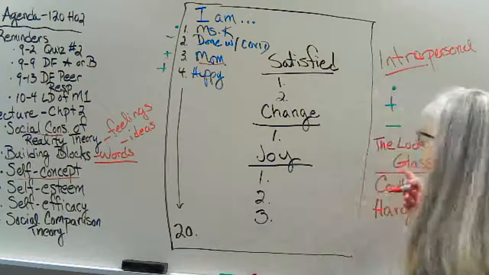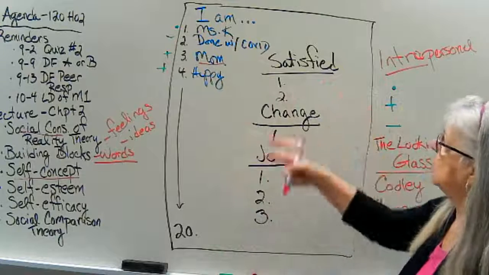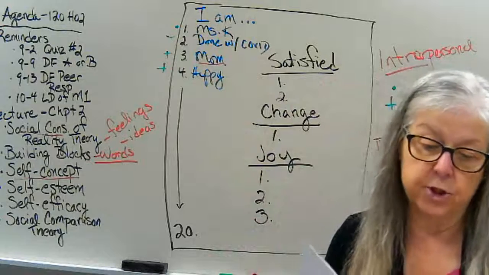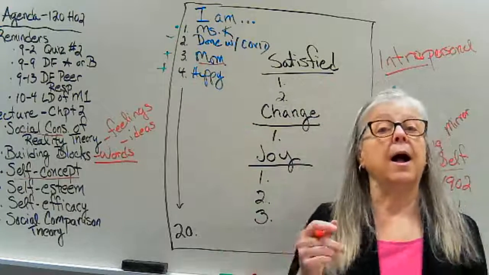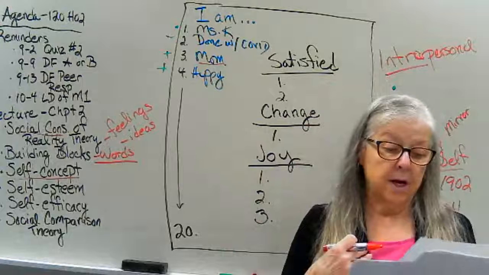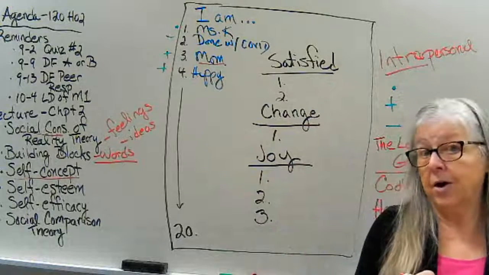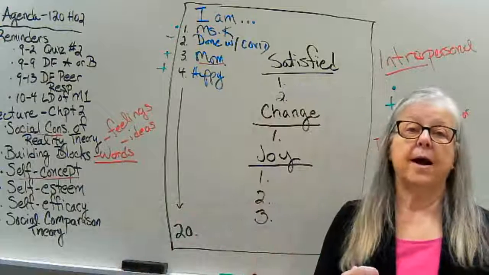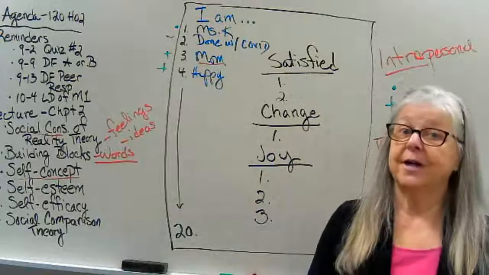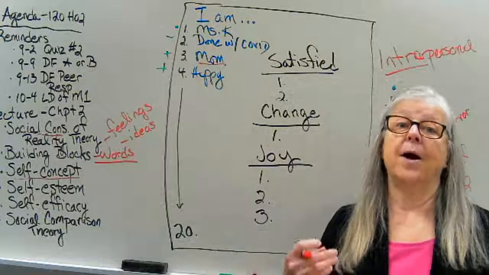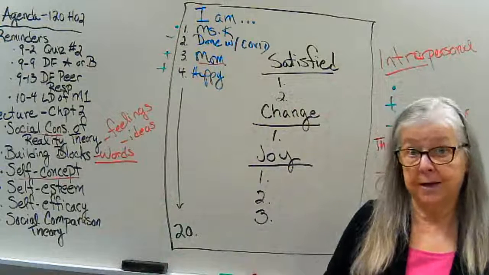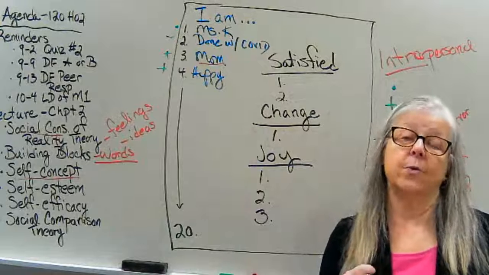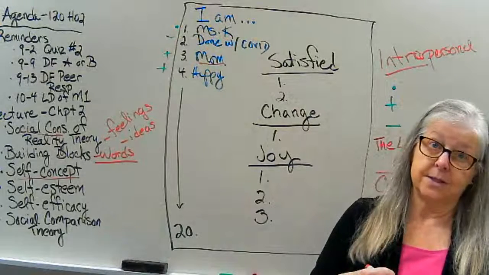So when we look at the looking glass self and we look at these elements here, we're going to be looking at them in relationship to how others see us, how we compare ourselves to others, what our culture has taught us about what we could be or should be, as well as our own evaluations of what we see as our strengths or weaknesses.